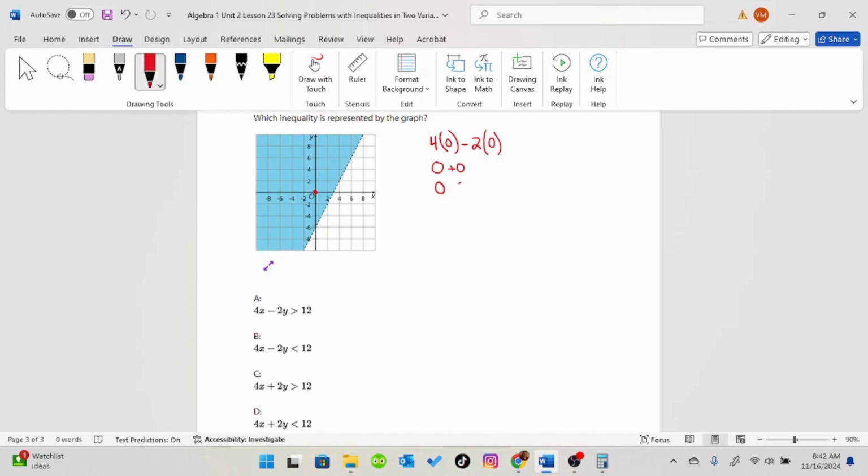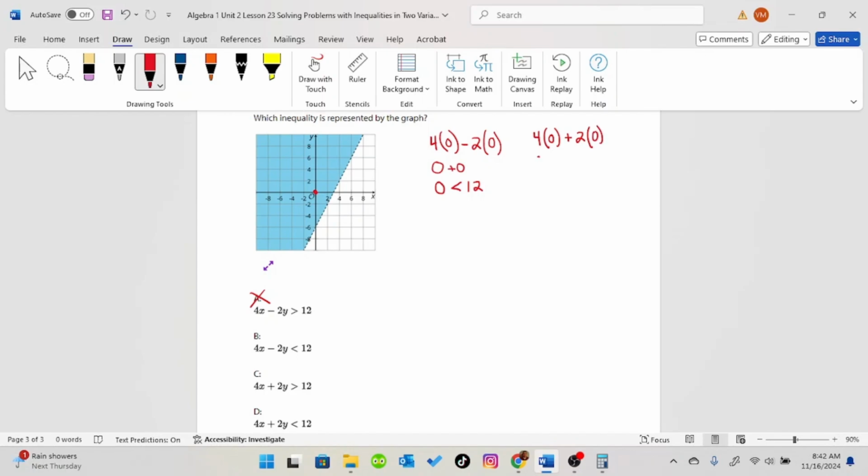So we know that 0 is less than 12. That means we can get rid of choice A. Next, let's try it in the other variation on the left. 4x, which we're letting be 0, plus 2y, which we're letting be 0.